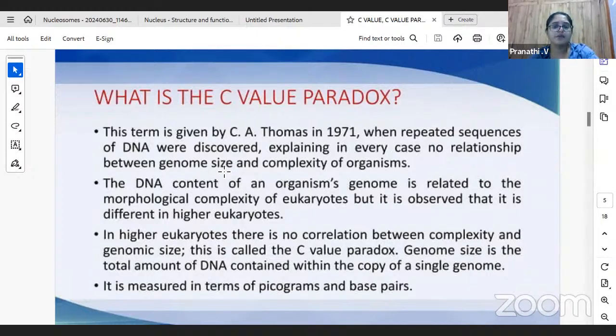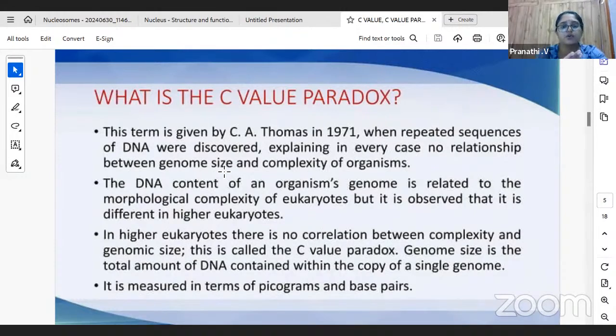So they came up with this thesis that the DNA content of an organism's genome is going to be related to the complexity of that particular organism. And one thing they noticed is that it is different in the higher eukaryotes.